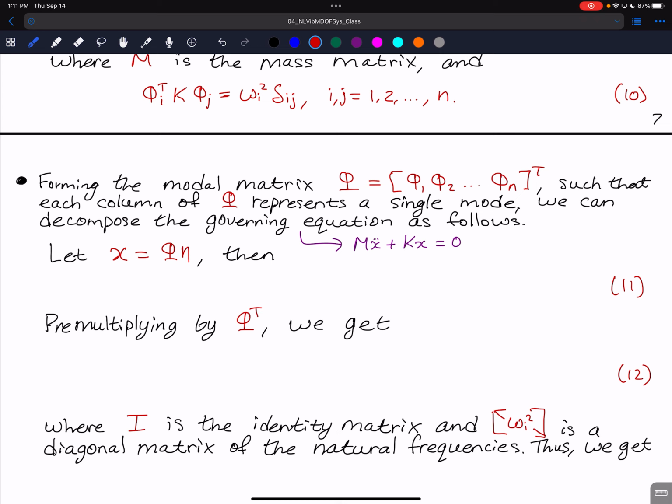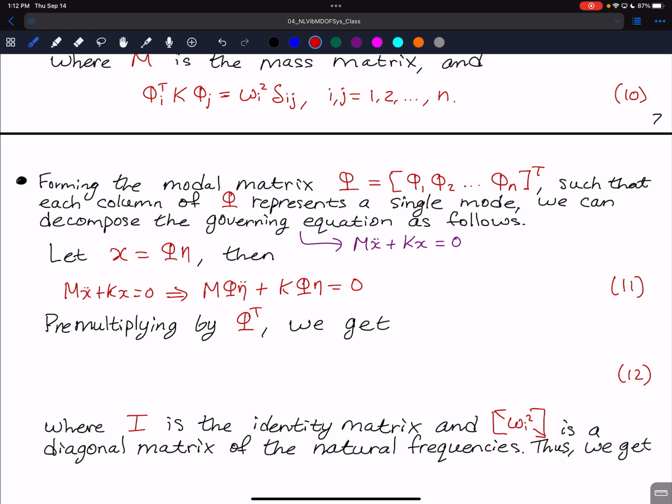So in this case, if we substitute in that x equals Phi eta, where eta is a function of time, we end up with M x double dot plus K x equals 0, which becomes M times big Phi times eta double dot plus K times big Phi times eta equal to 0.